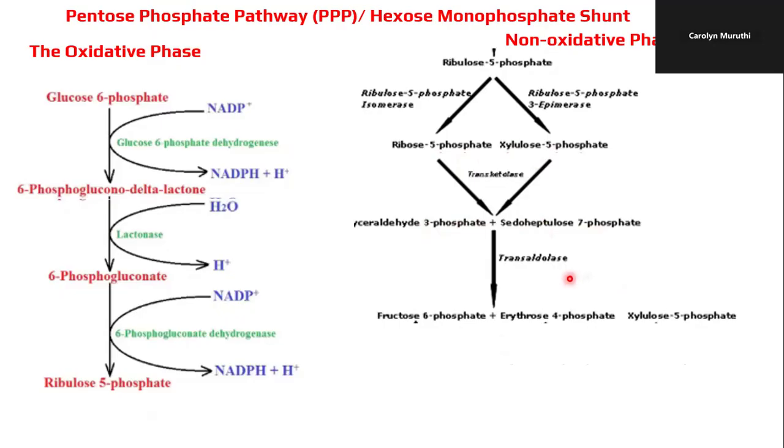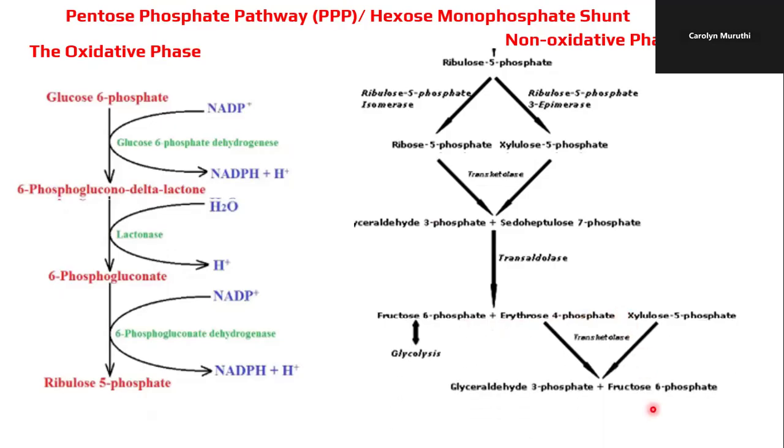A transaldolase transfers 3 carbons from sedoheptulose 7-phosphate to glyceraldehyde 3-phosphate, generating fructose 6-phosphate and erythrose 4-phosphate.